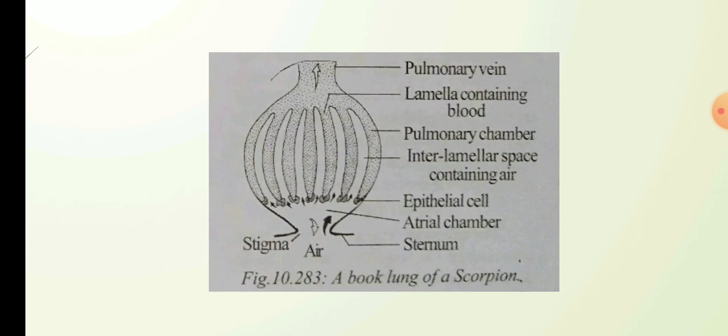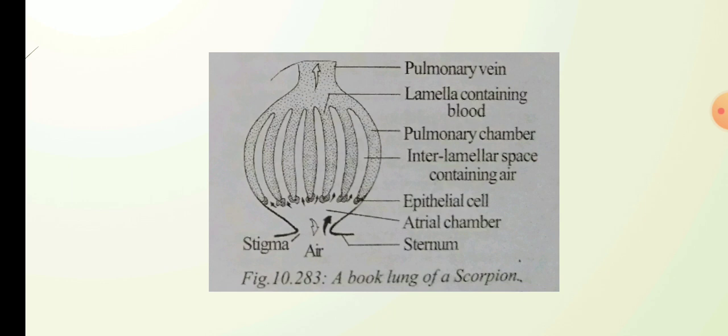There is a continuous flow of blood in the pulmonary chamber, whereas in the interlamellar space there is a continuous flow of air. So the exchange of oxygen can continuously take place through the thin wall of the lamellae. The impure blood from the ventral sinus is sent back to the book lungs, and the blood is then aerated in the lamellae.